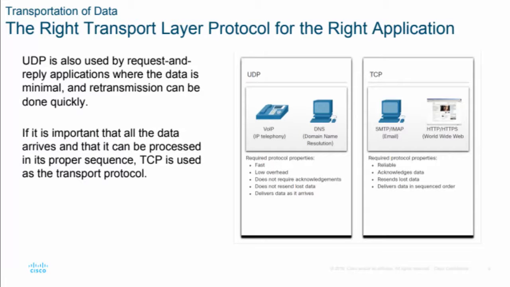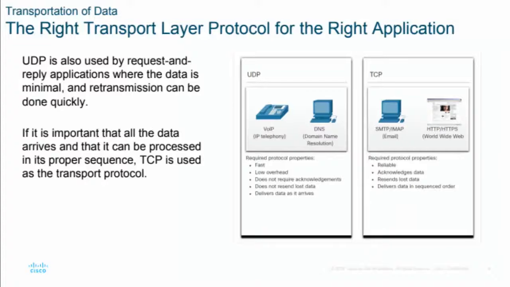So we have to use the right transport layer protocol for the right application. Imagine with me, for email, which one is better, TCP or UDP? For email, TCP, because you need it to be correct.